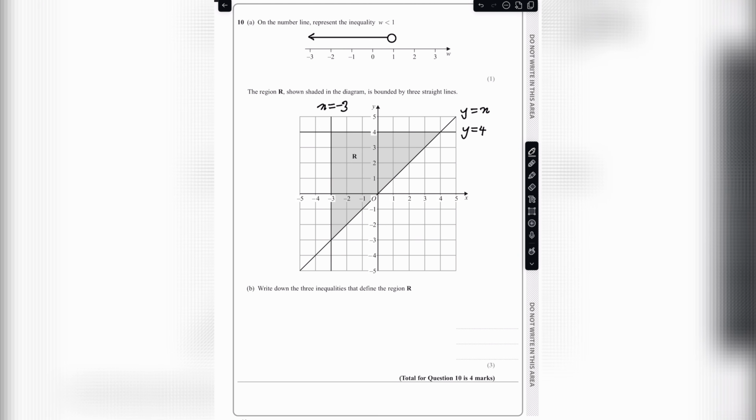So given that the shaded region is below the line y equals 4, we can state that the inequality is y is less than or equal to 4. And one thing to note is that all of the inequalities will be inclusive because we have solid lines.